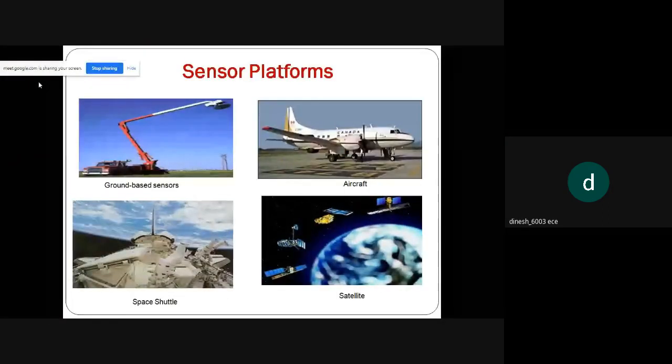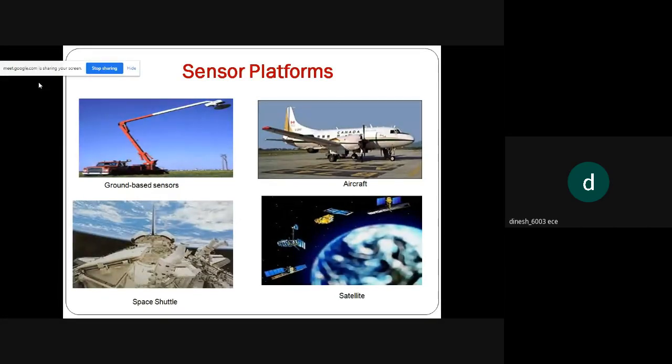Since there are no further queries, we move on to the next topic, which is sensor platforms. These four are the best examples of sensors that are used for remote sensing. The first one is the ground-based sensors.